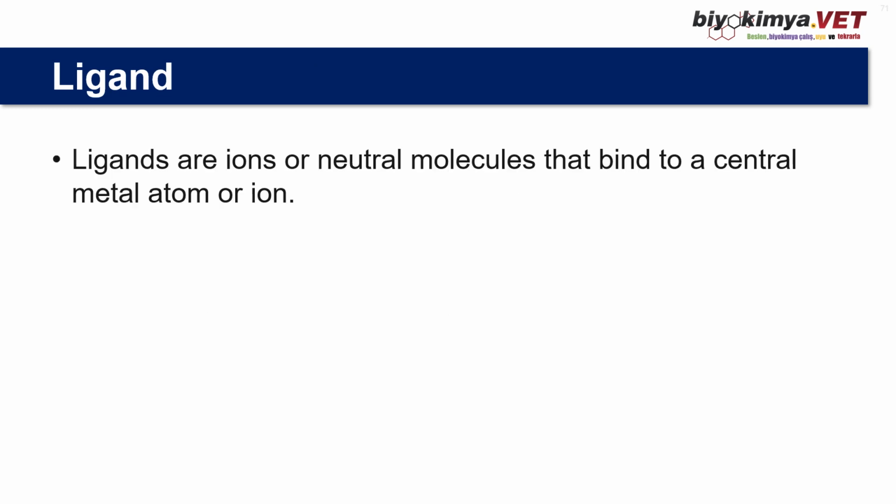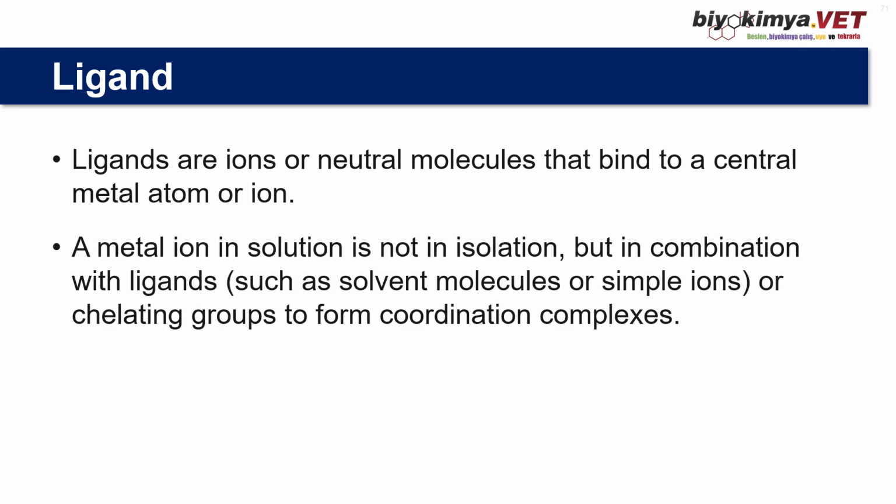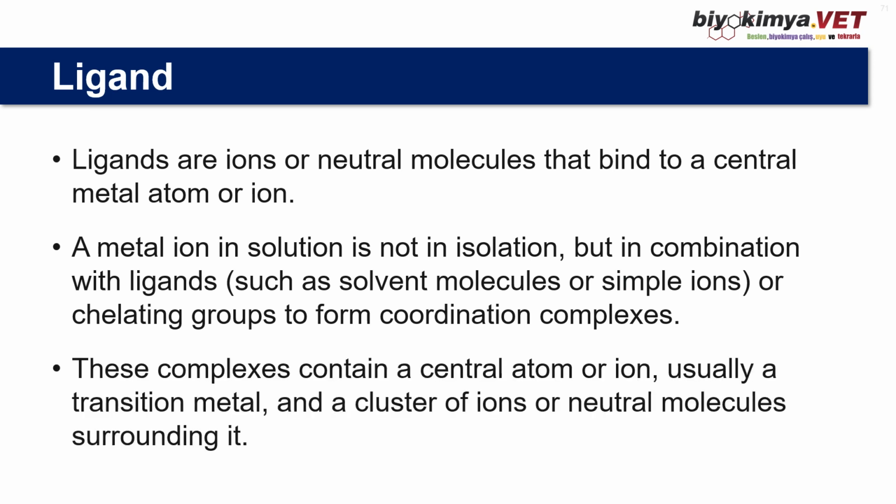Ligands are ions or neutral molecules that bind to a central metal atom or ion. A metal ion in solution is not in isolation, but in combination with ligands, such as solvent molecules or simple ions, or chelating groups to form coordination complexes. And these complexes contain a central atom or ion, usually a transition metal, and a cluster of ions or neutral molecules surrounding it.